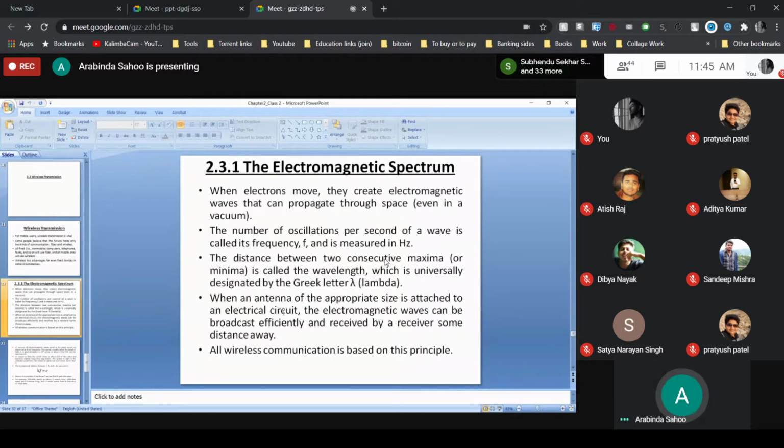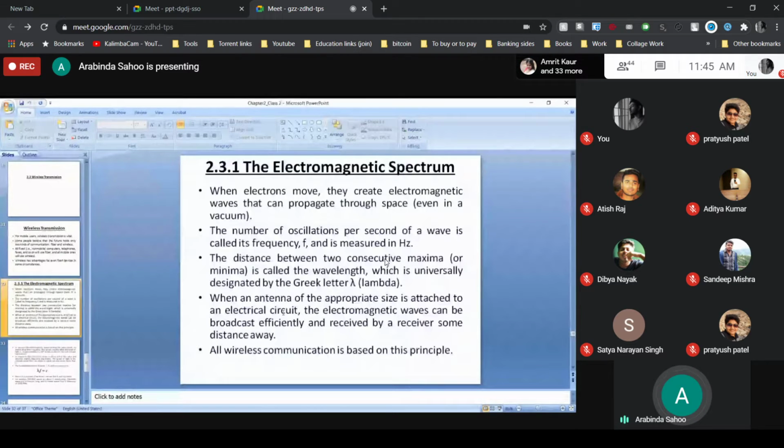Depending upon the wavelength, first you have to design an antenna. If you apply the electric supply through this antenna, it generates an electromagnetic wave, which is capable of propagating from one point to another. At the receiving end, you have to receive this electromagnetic wave using another antenna, so that you can convert it to your original signal.